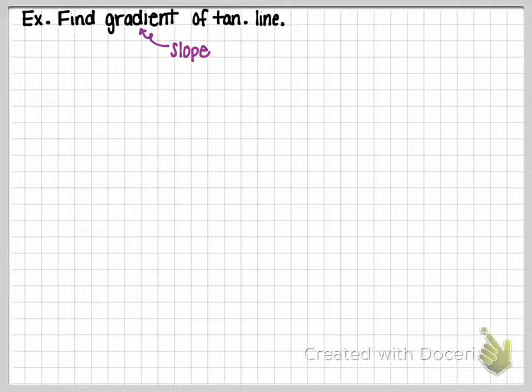So we're starting off nice and easy. Just get the idea of this. Let's say that we have f of x equals 2x plus 3.